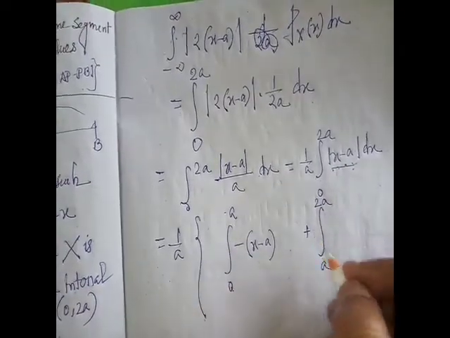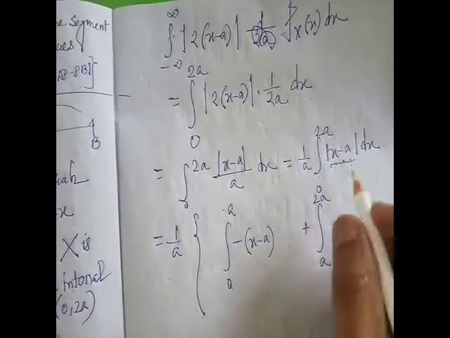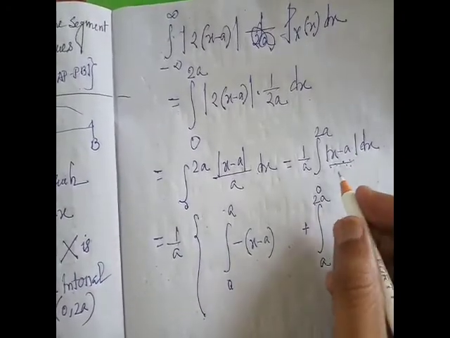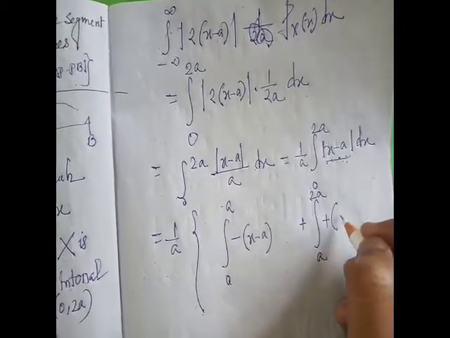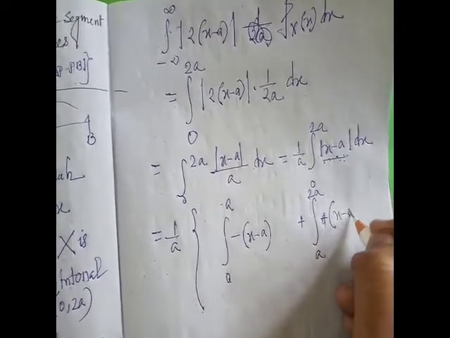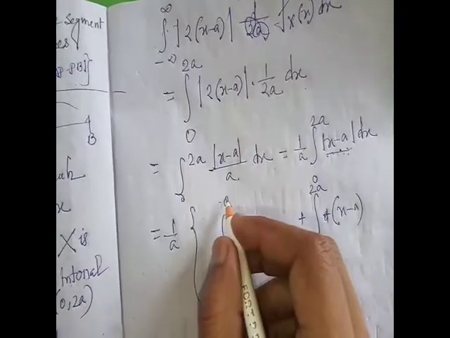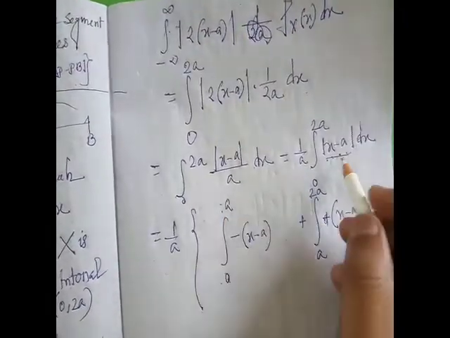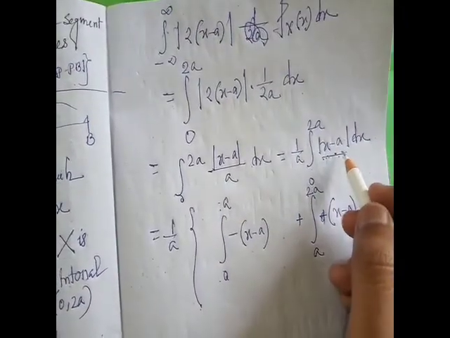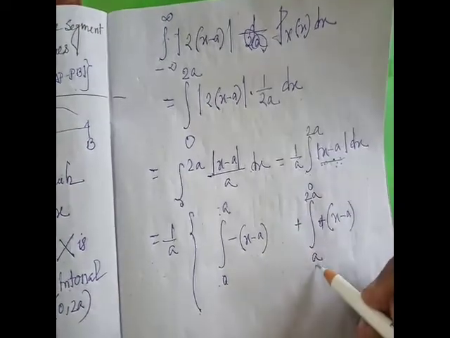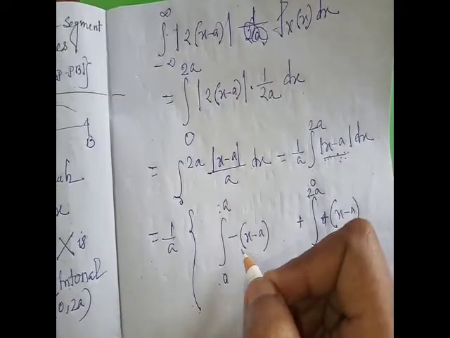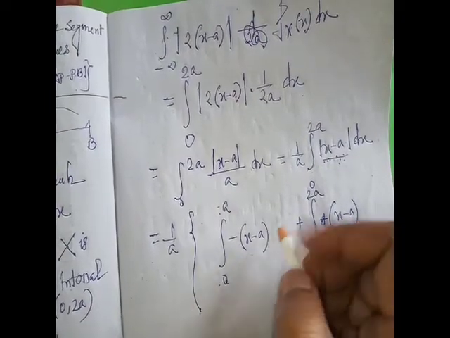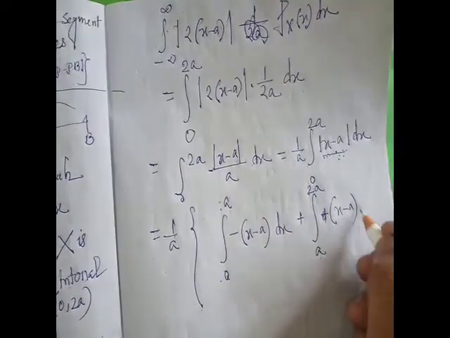In the interval a to 2a, it is greater than or equal to 0, so plus of (x minus a).